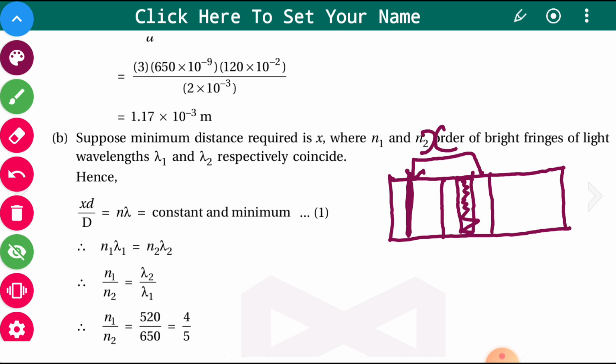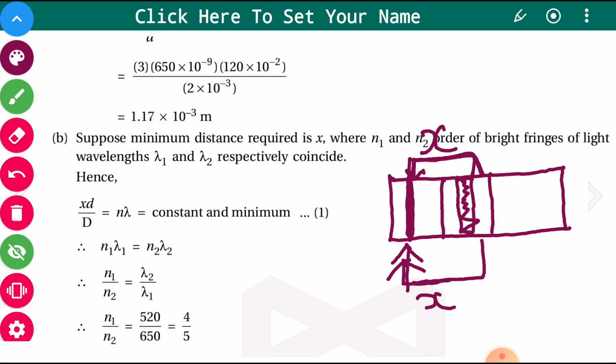This is the place where bright fringes of two different wavelengths coincide, and this distance is x from the central maxima.